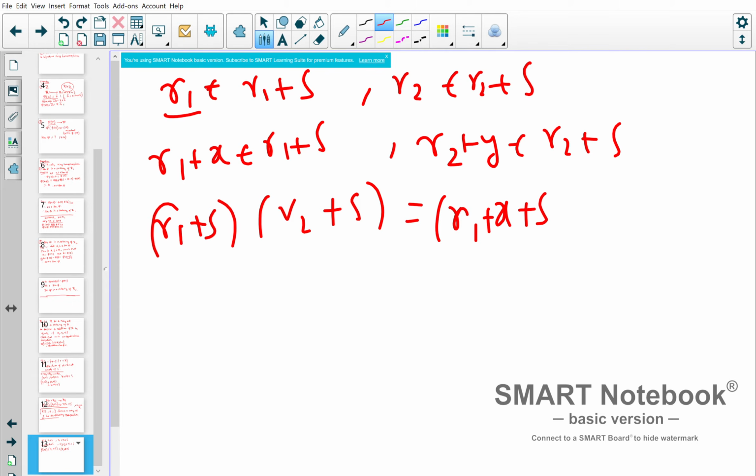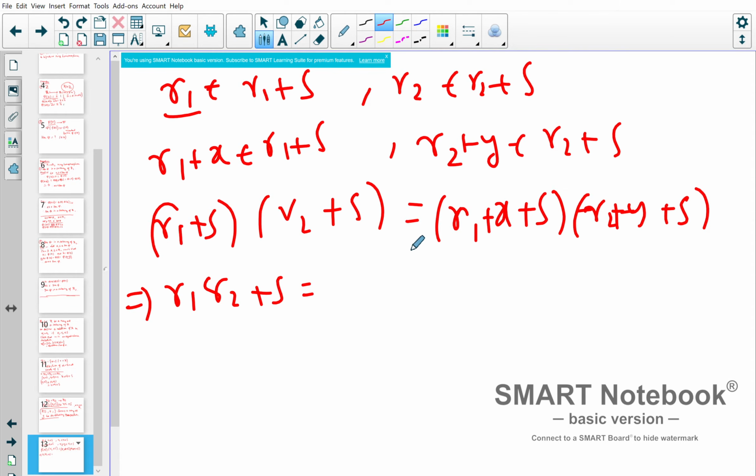So R1 plus X into R2 plus Y plus S. What does that mean? On the one hand, R1 R2 plus S should be equal to this.